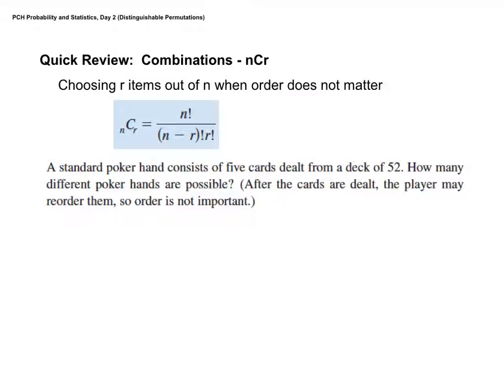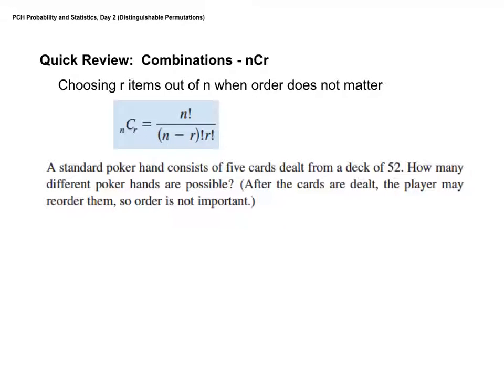Okay, so quick review of combinations. Alright, we'll do one here with our deck of cards. Here we have R items out of N when order does not matter. A standard poker hand consists of 5 cards dealt out of a deck of 52.